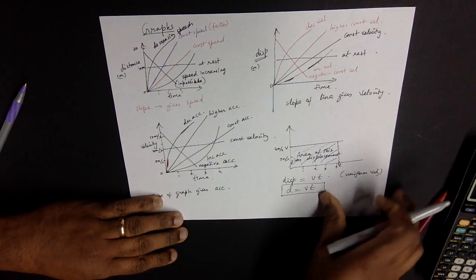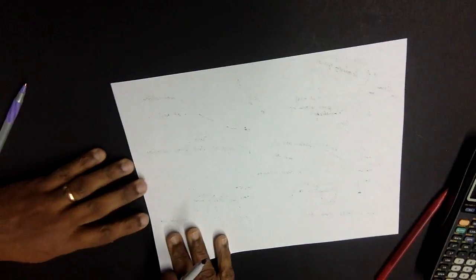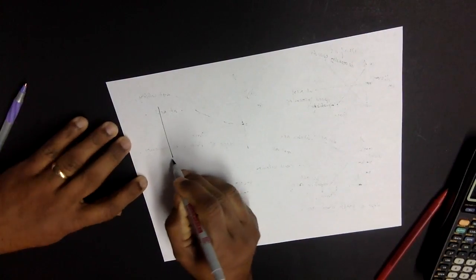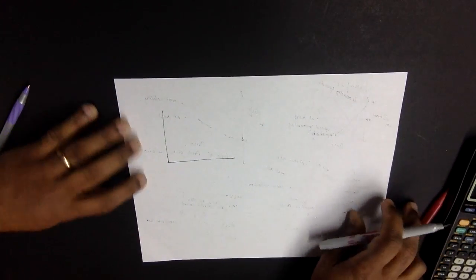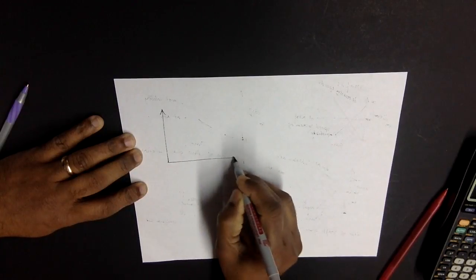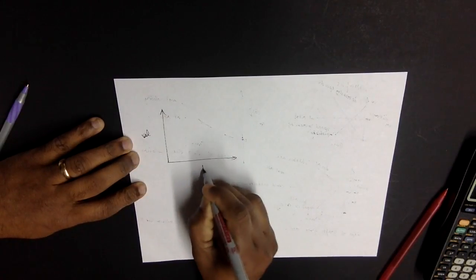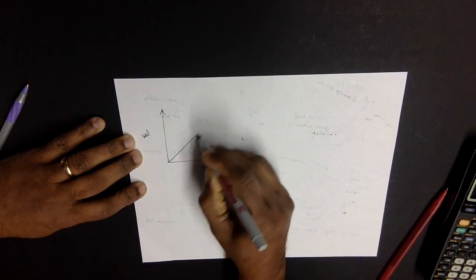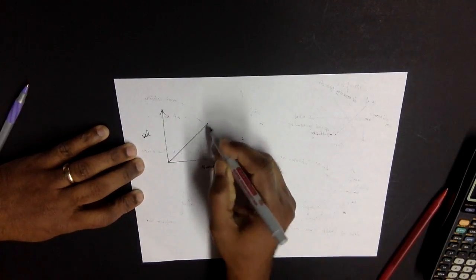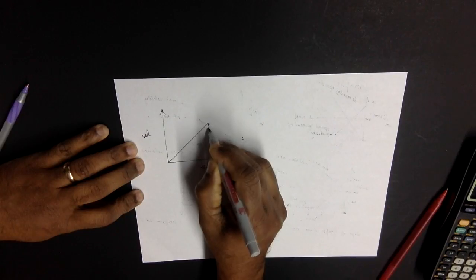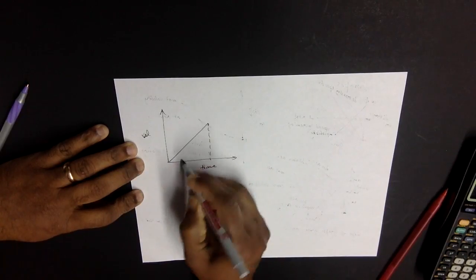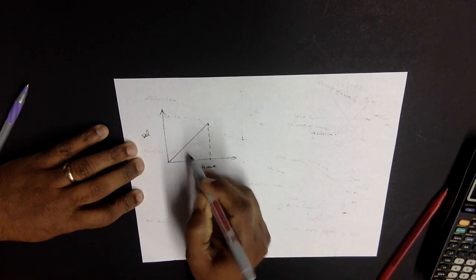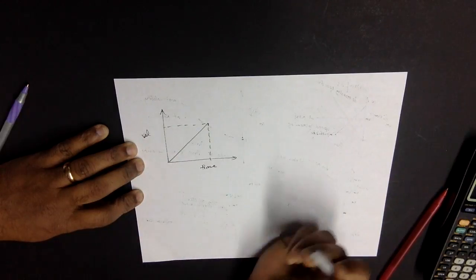Now, if the velocity time graph is not in this fashion, but if it's like this, then the area of this portion is going to be half of the entire area.